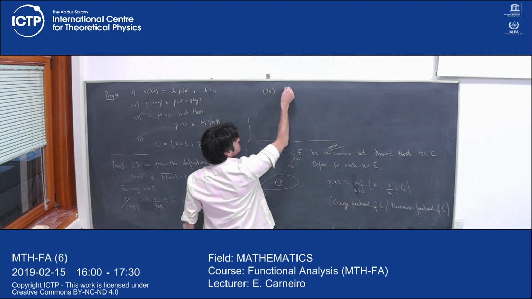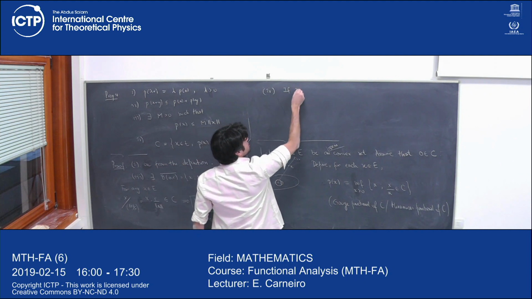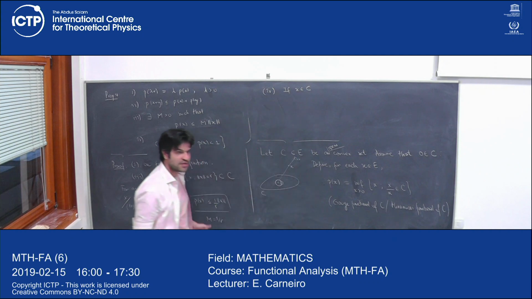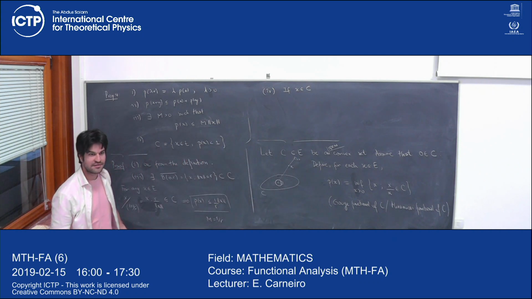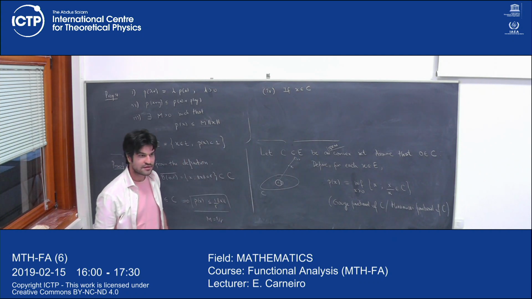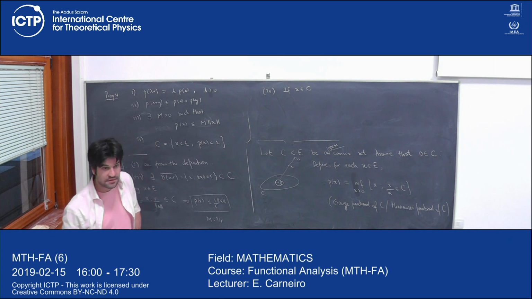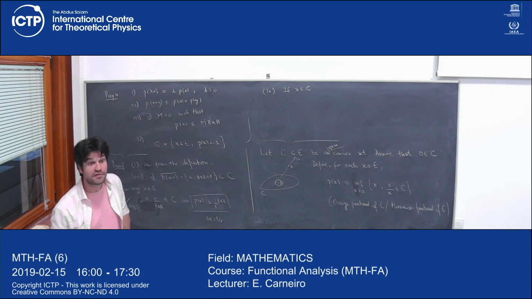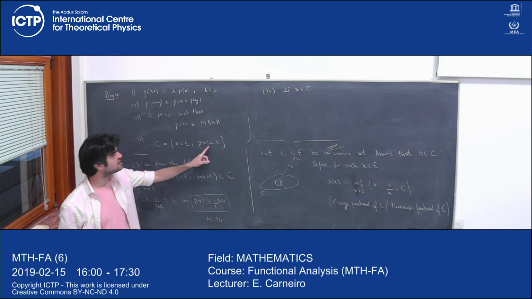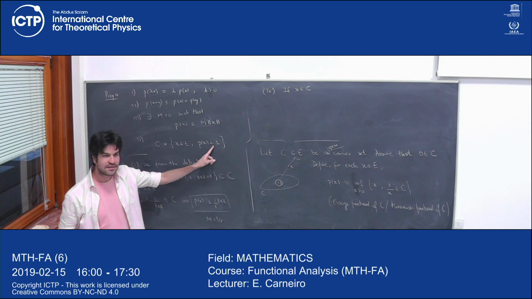So if x belongs to C, so if a point is in C, alpha 1 works. So the infimum is this. The infimum could be equal to 1, but here I'm saying that it's strictly less than 1.